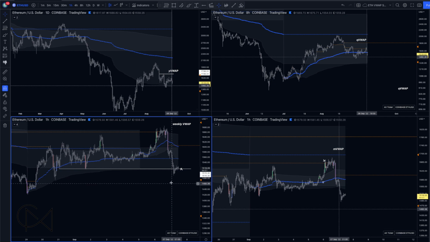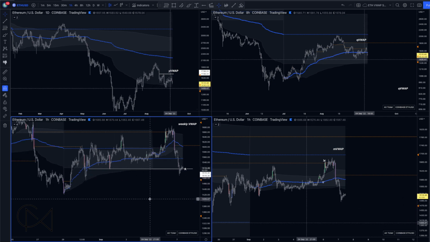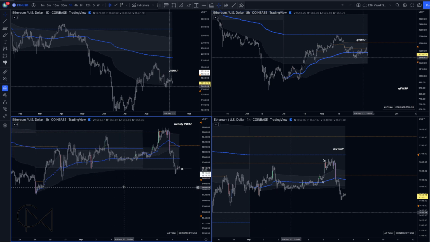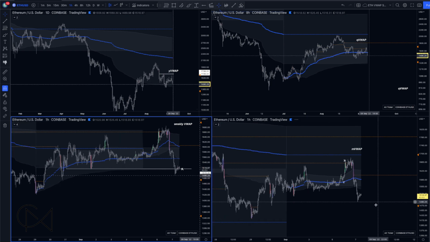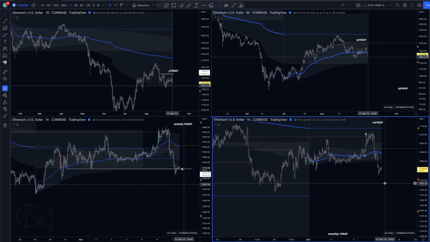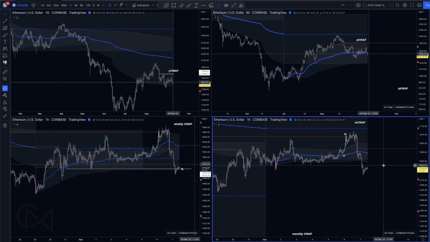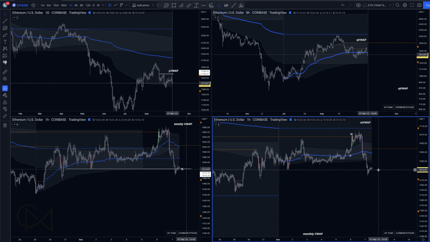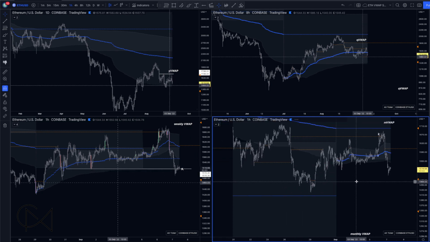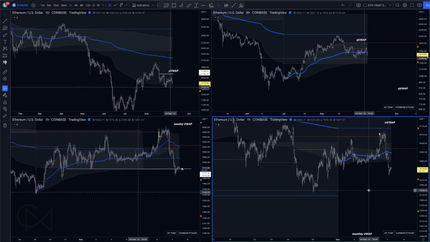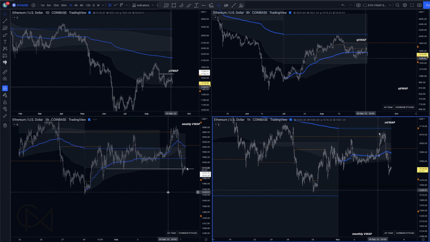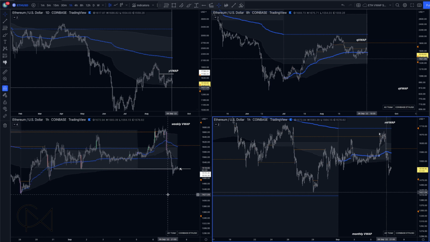In my opinion, the previous VWAPs are more important than the developing ones. Same here, that's the monthly VWAP, which has currently lost the value area low, the standard deviation of -1. That's how I configure them and how I treat and trade them, as they give some nice confluence.